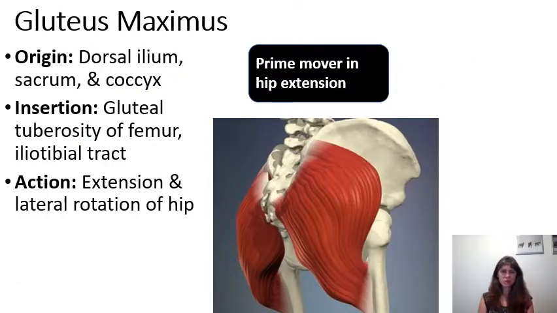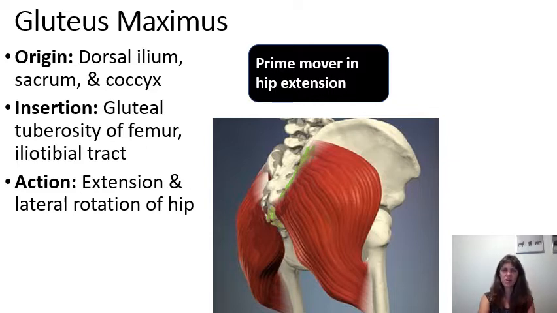We're going to start our journey through muscles of the pelvic girdle and lower extremity with Gluteus Maximus, which is the prime mover in hip extension. You can see that the fibers of Gluteus Maximus are oriented diagonally, and Gluteus Maximus originates on the dorsal and medial surface of the ilium, as well as the sacrum and the coccyx.